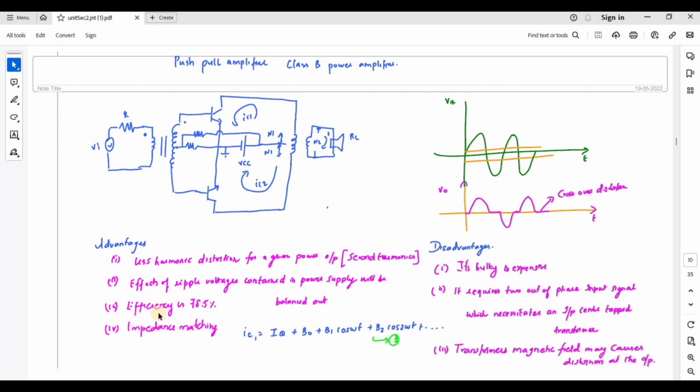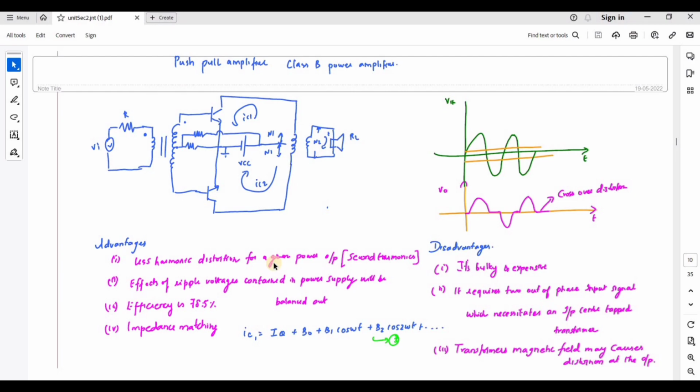The efficiency is around 78.5%, which is very much higher than the class A amplifier, which is 25%, and we can achieve impedance matching since we employ a transformer at the output.